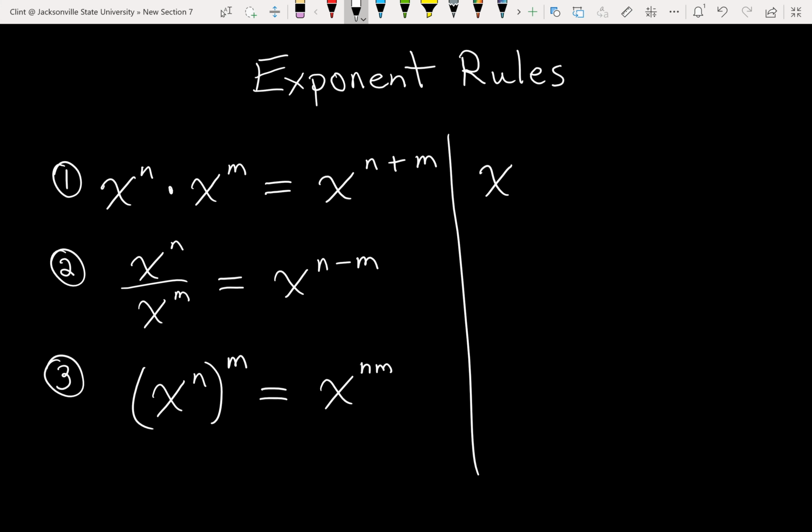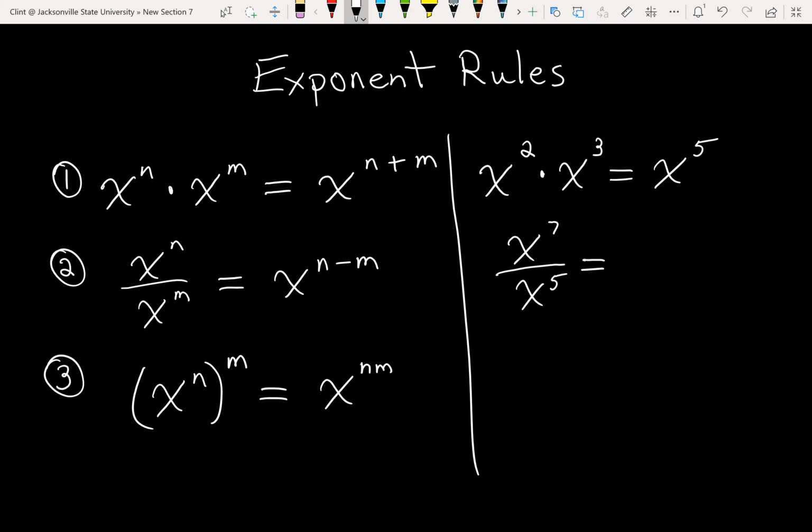So if we have x squared times x to the third, we're going to add our exponents, and get x to the fifth. If we have something like x to the seventh divided by x to the fifth, we're going to subtract, and when we subtract, you put the exponent on top first.